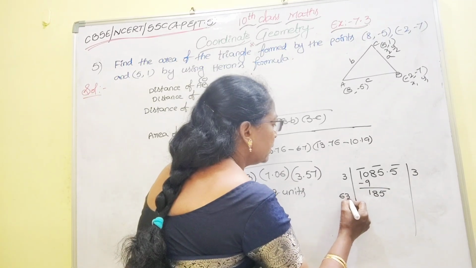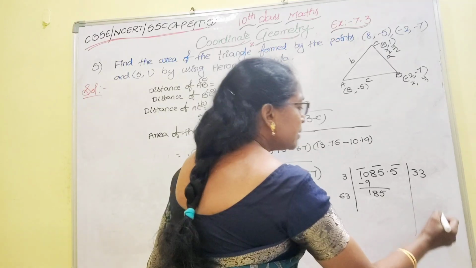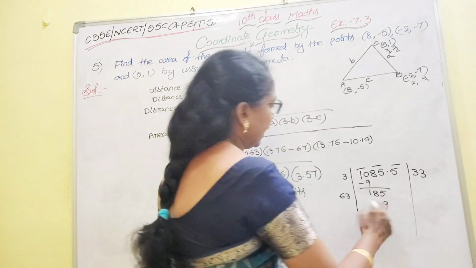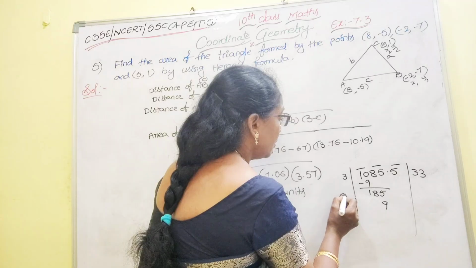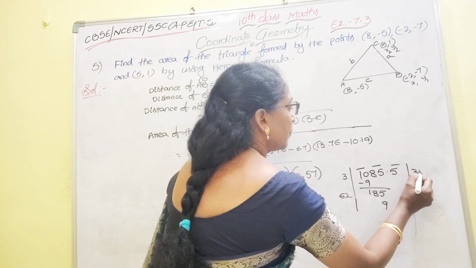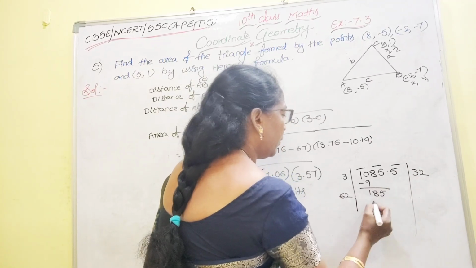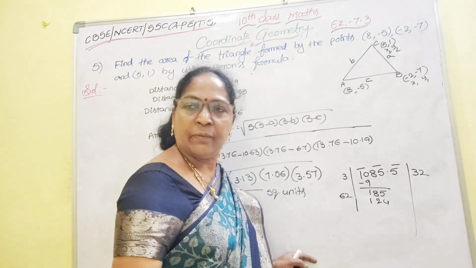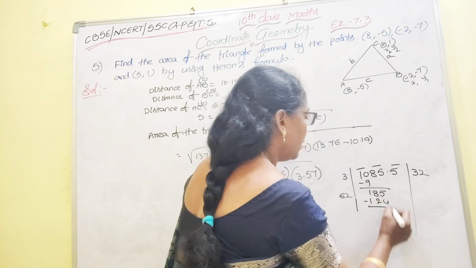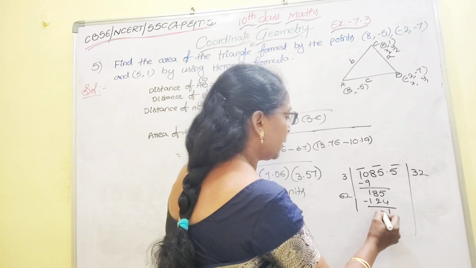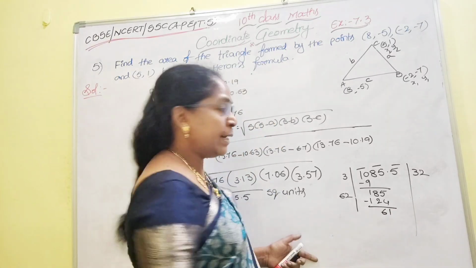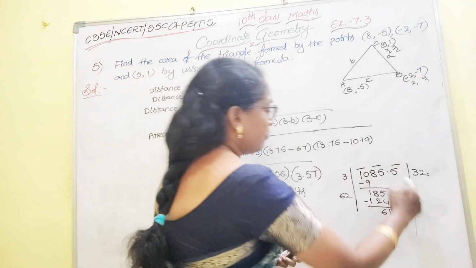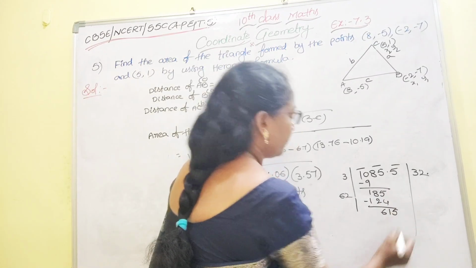Suppose 63, 3 3s are 9, again 6 3s are 18 is not possible. So 62, 2 2s are 4, 6 2s are 12. Now 5 minus 4, 1, 8 minus 2, 6. Next, the point is there, mark the point and consider 5.